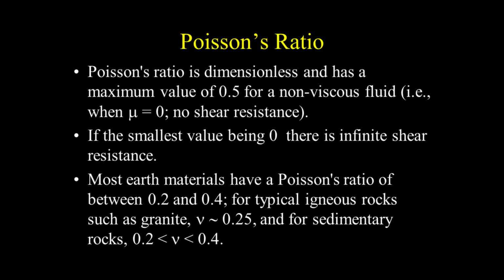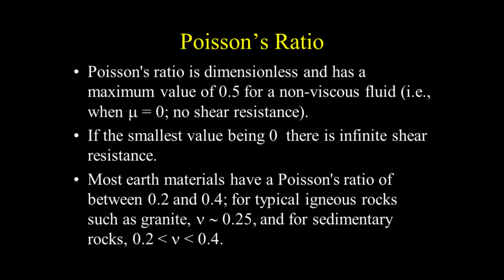Poisson's ratio is dimensionless and has a maximum value of 0.5 for a non-viscous fluid. That is, when the shear modulus equals 0. There is no shear resistance. If the smallest value of Poisson's ratio is 0, we have infinite shear resistance.